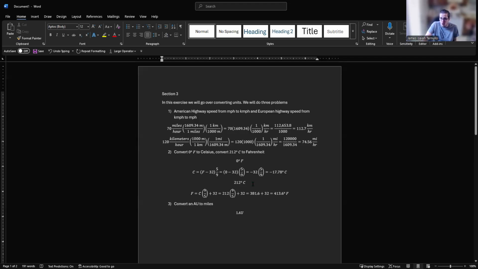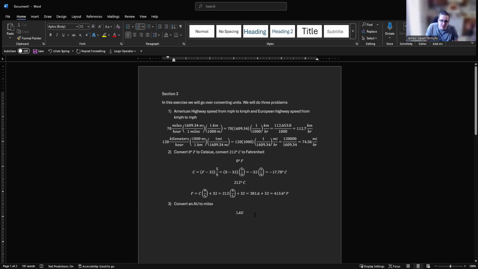And all throughout school in Celsius, we were told it's 100 degrees Celsius. Well, let's see what 212 degrees Celsius looks like in Fahrenheit. So when we do this, we find out that it's about 413.6 degrees, and that's not boiling water temperature. That's baking in an oven temperature or higher.